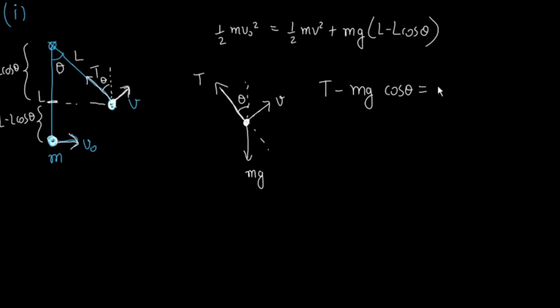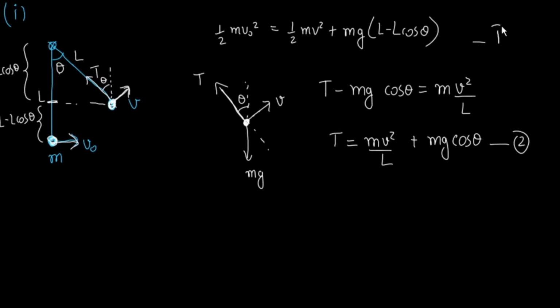This will be equal to mass into centripetal acceleration, which is v square by r, where r is the length of the string. So from here you can find the tension. Tension is equal to mv square by L plus mg cos theta. So we have tension. We can find speed from here and put it here and find tension at any given theta.